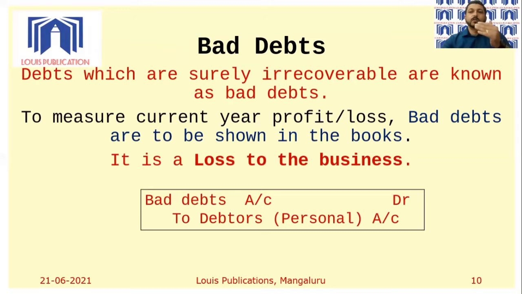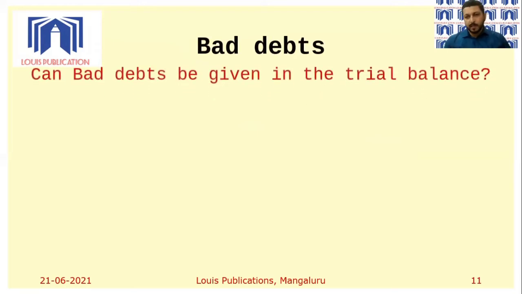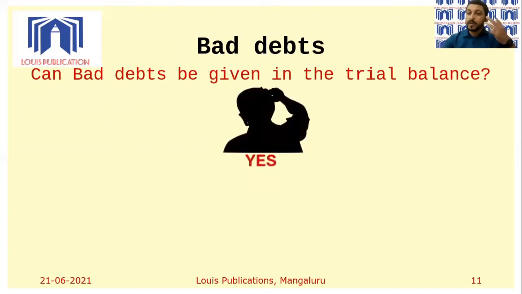So decrease in asset is always a credit. So remember this. The adjusting entry for bad debts is bad debts account debited to debtor's personal account. Now, the question is, will bad debt appear in the trial balance? Surely yes, you have had trial balances where bad debts was given. So there is no question of thinking loudly over here. The answer to this question is a clear yes.